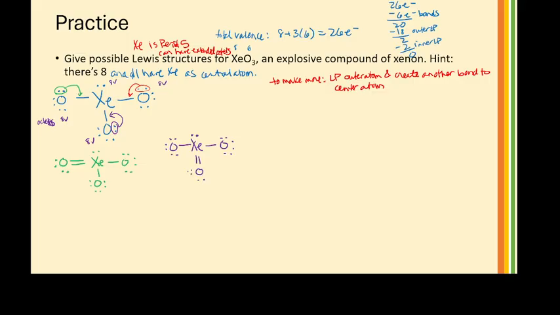Again, it doesn't matter which of the 3 lone pairs you use, you'd result in the same thing. And then the third option is the one that I did in red. If I use this one, I keep everything on the left and the bottom the same. But now this one will have a double bond, and the right oxygen only has 2 lone pairs.